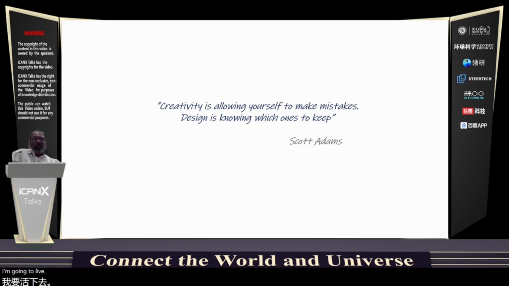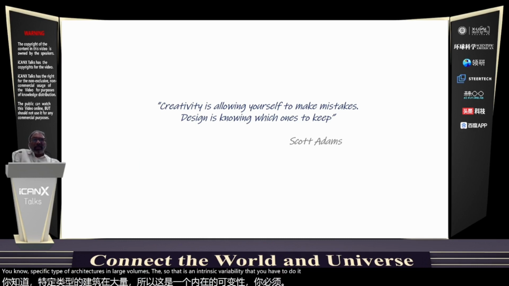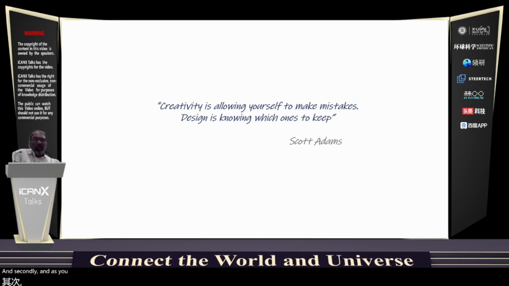Particularly for nanomaterials, there are significant challenges from an intrinsic point of view. Many of the manufacturing techniques that we use today do not allow you to create size-selected, specific types of architectures in large volumes. So there is this intrinsic variability that you have to deal with. And secondly, as you start to put things together, significant bottlenecks arise, such as interfaces.